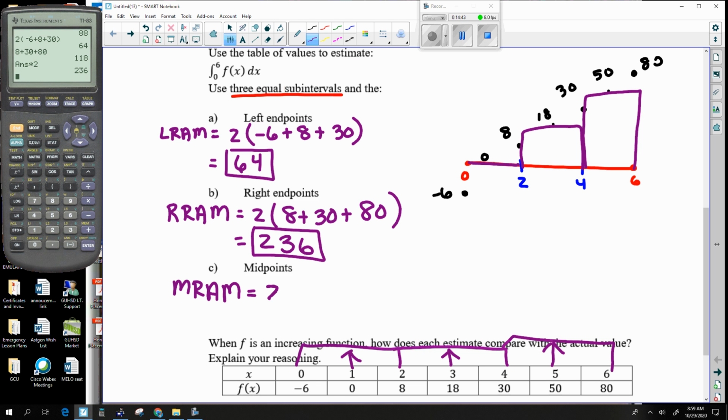So again, we still have bases of 2, but we're at 1, 3, and 5. And that's probably the closest thing to the actual answer right there. Probably.